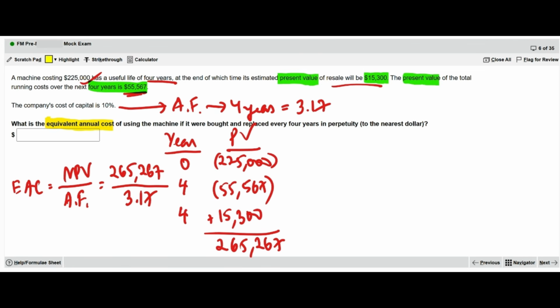Dividing by 3.17 will give you the answer as 83,680.44, taking it to the nearest dollar, so that's going to be 83,680. So the equivalent annual cost, that is the total present value divided by the annuity factor, gives me 83,680.